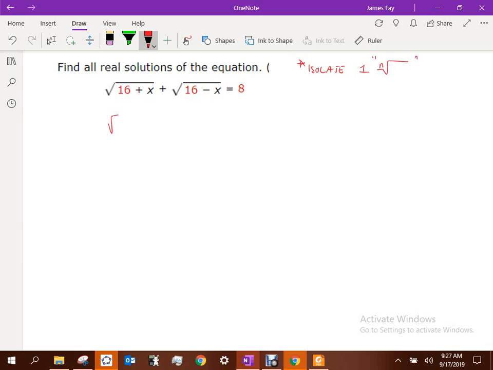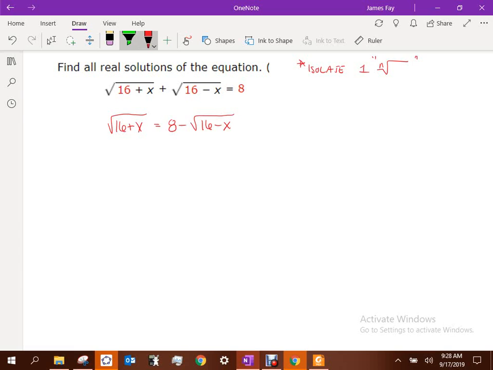So this is going to be root 16 plus x equals 8 minus root 16 minus x. If we don't do that, the next step will not create a situation where we eliminate a radical.